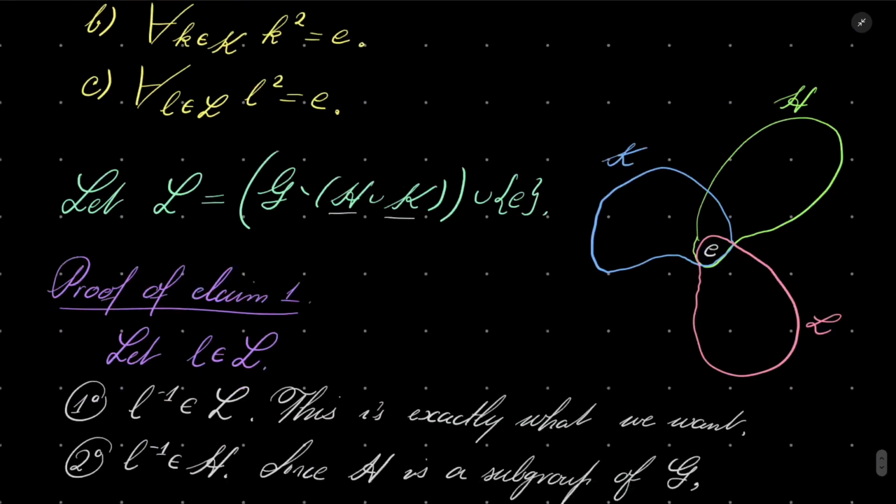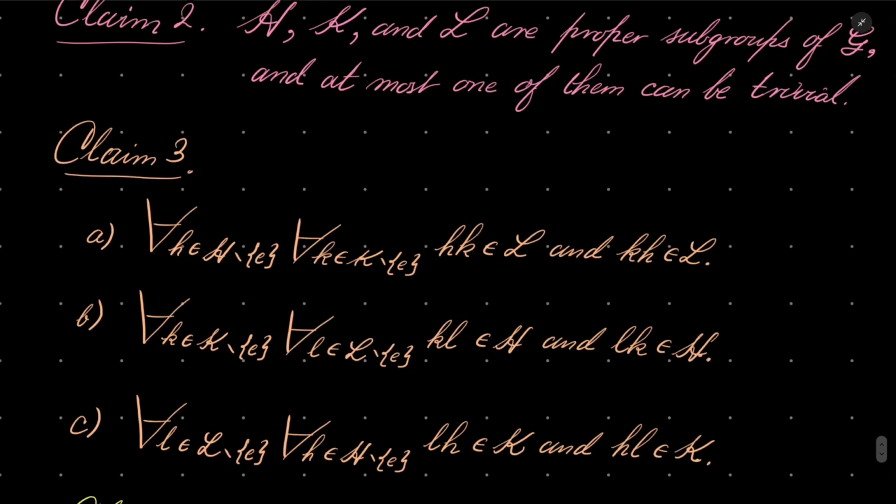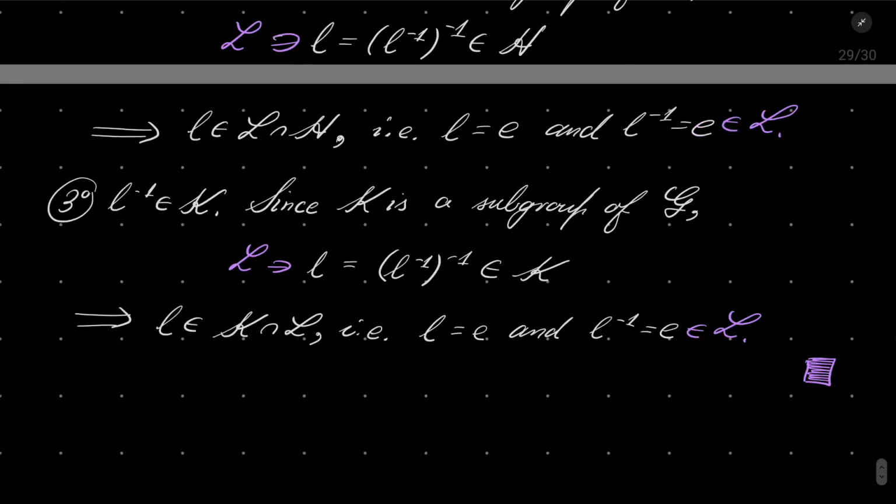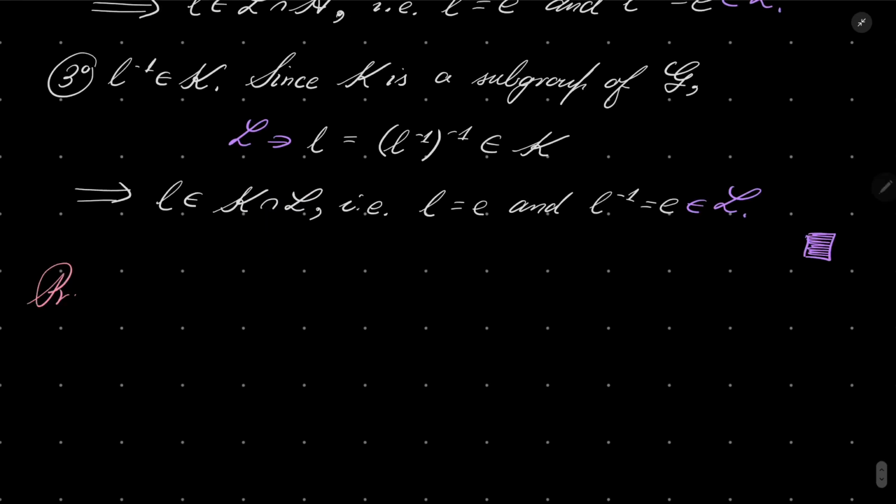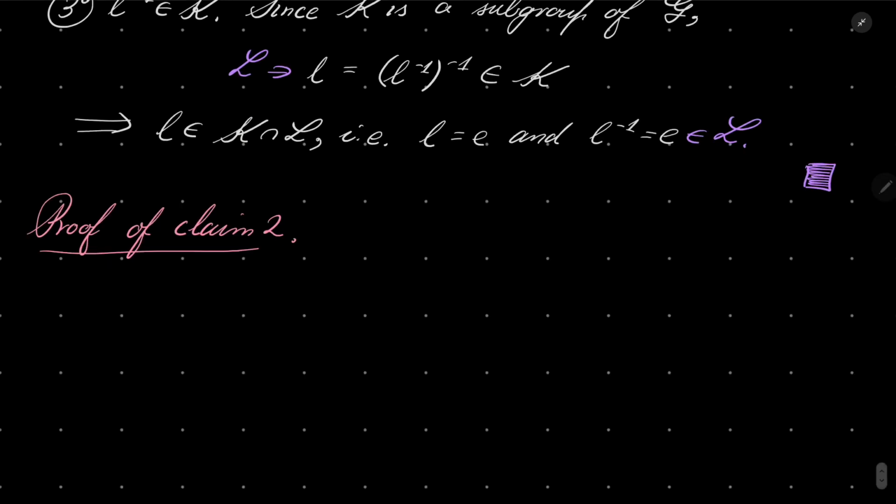So maybe let's write it. Proof of claim 2. Well, H and K are subgroups of G by assumption.